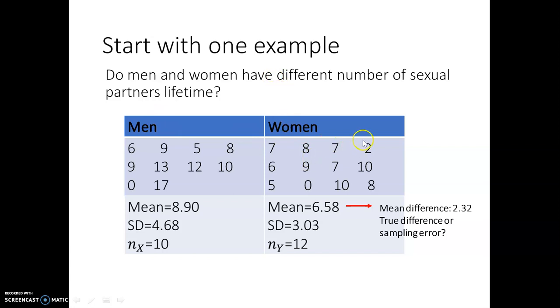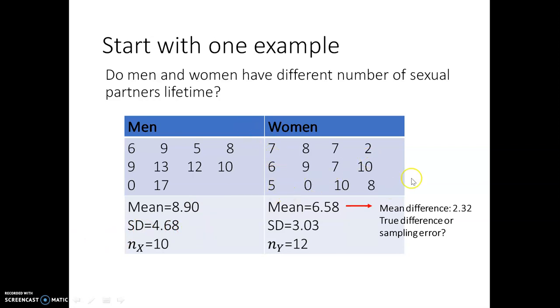And I did the same thing for these 10 women and asked for their number of sexual partners lifetime. Let's assume that they are telling the truth, they are being honest. We calculated the mean for these 10 men. On average, these 10 men have 8.9 sexual partners throughout their life. And I also have the standard deviation here.